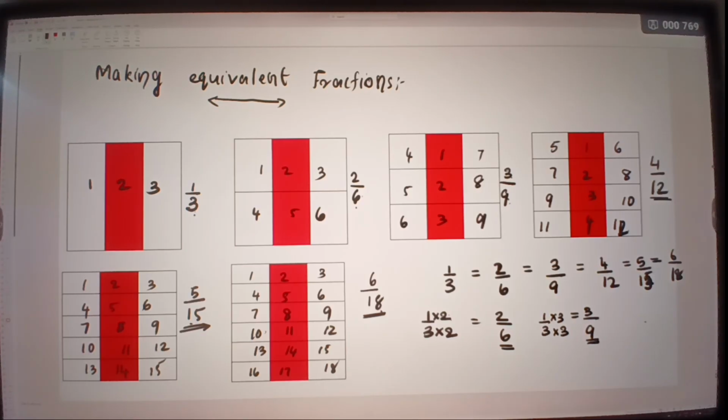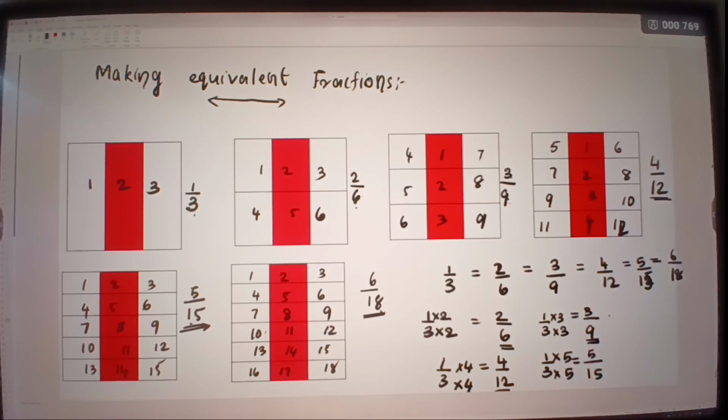It is an equivalent fraction. If you multiply by 4, you will get 4/12. Then if you multiply by 5, you will get 5/15. It is also an equivalent fraction.